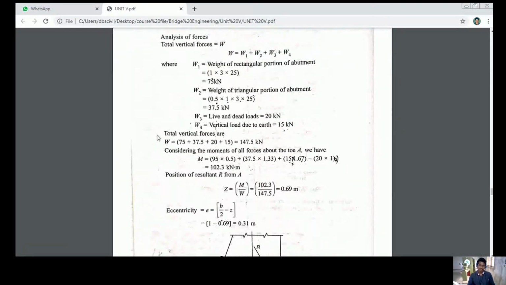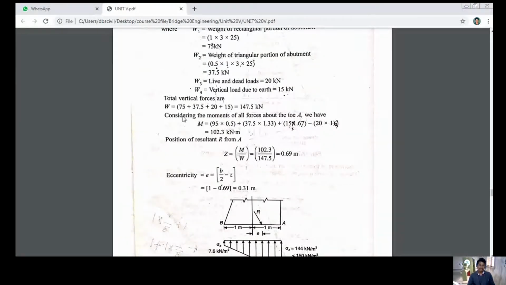Okay. Adding all the W loads, W1, W2, W3, W4, the total vertical force is 147.5 kilonewton.